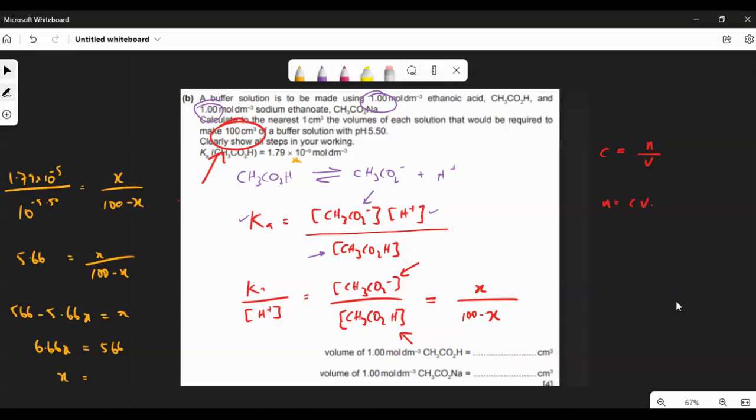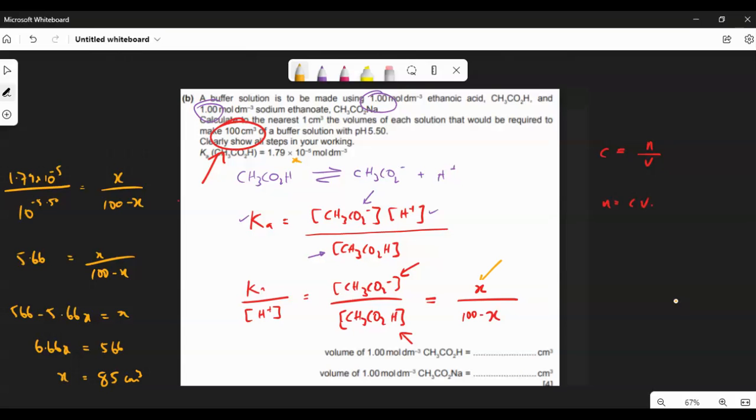Struggling with the calculator again. The batteries have gone. 566 divided by 6.66, and that gives me 84.98. Okay, so that is 85 centimeters cubed.